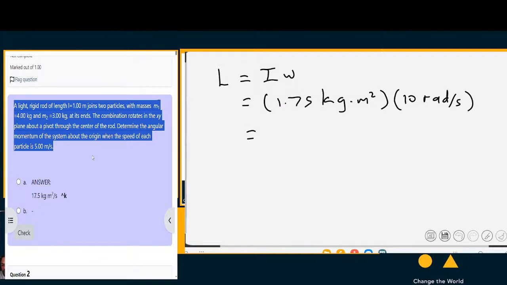So the angular momentum will be in the k hat direction, if you choose to look at it that way, and it will be 17.5 kilogram meters squared per second.